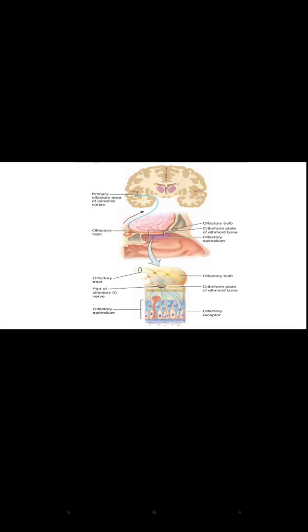From there, an olfactory tract is produced. This olfactory tract will conduct nerve impulses from the olfactory bulb to the cerebral cortex. And what is the area? The area is called primary olfactory area.